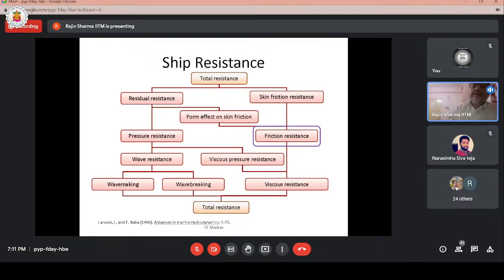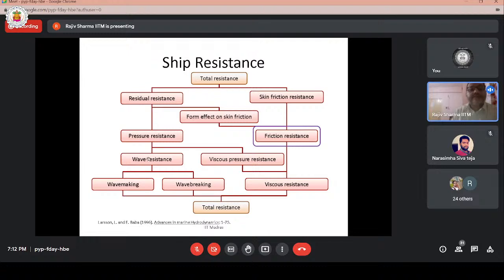So the idea is how this component can be reduced, because this dominates pretty high at the low velocity. As the velocity increases, the component will dominate from the residual resistance side.